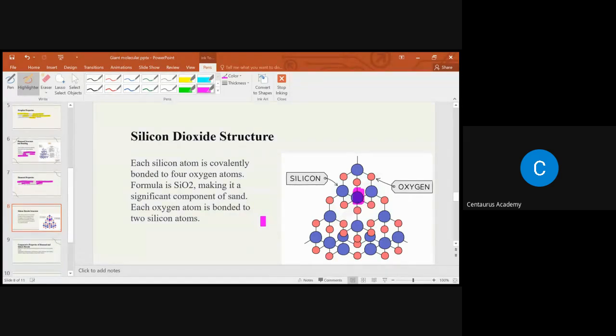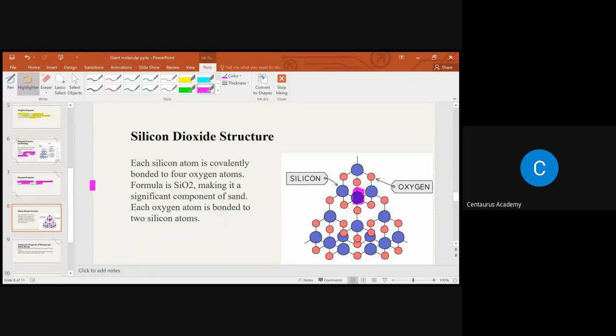It is one of the major components of sand as well. Here, every oxygen atom is bonded to two silicon atoms, and this is also a three-dimensional structure. It does not have any delocalized electrons, so this is also not able to conduct electricity.